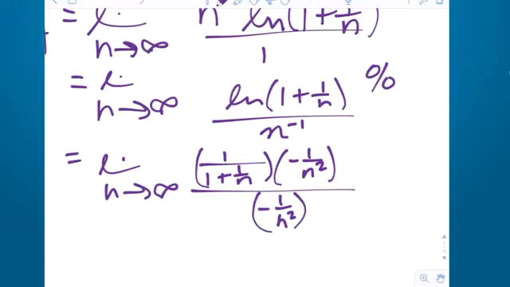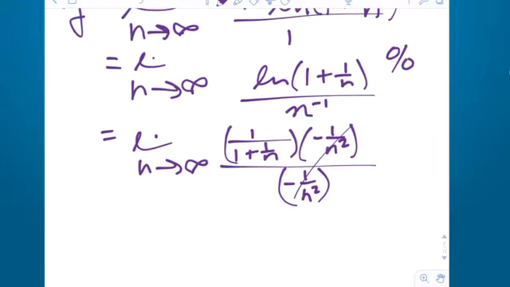So what happens with your negative 1 over n squareds? They divide out. And now we can evaluate what's left. What is the only n that's left? Well, it's right here in the denominator. So what happens to 1 over n now as n goes to infinity? It goes to 0. And now we're left with 1 over 1 plus 0, which, of course, is 1 over 1. Is 1 the answer?